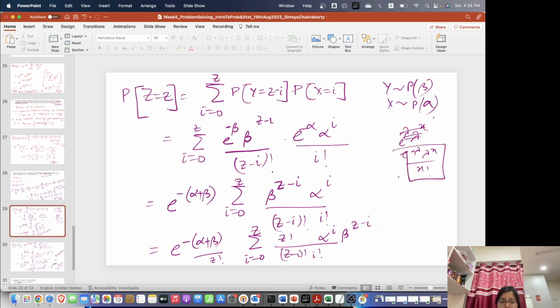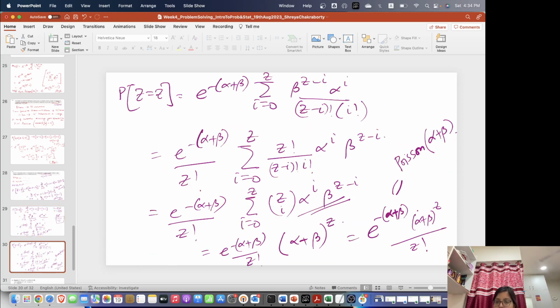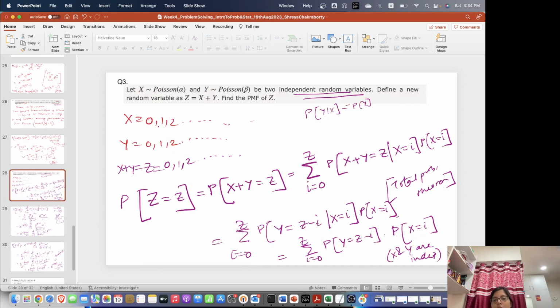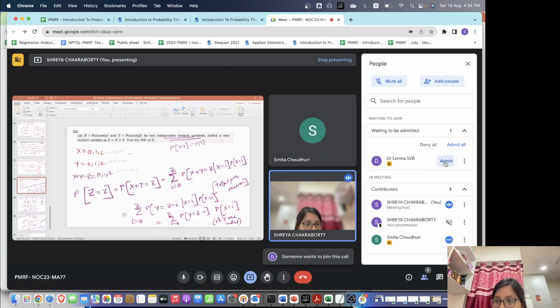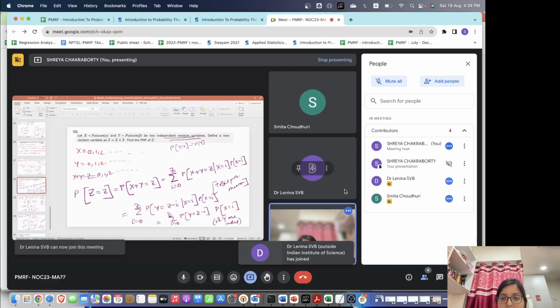Instead of lambda here we have alpha plus beta, and instead of x we are writing it as z, because we are defining the Z random variable. So if you have two Poisson random variables which are independent, then their sum will also be a Poisson random variable, and that mean will be the summation of the individual means.